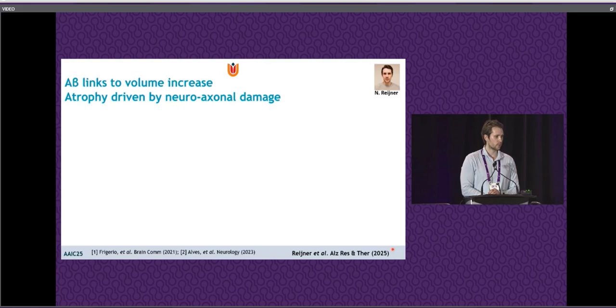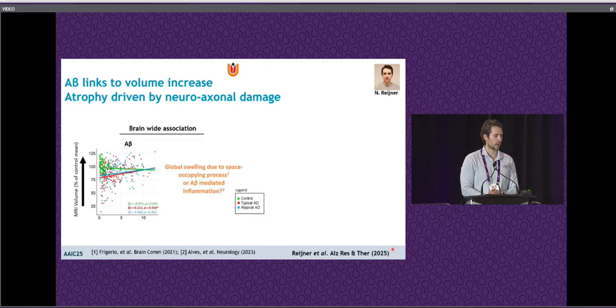First of all, my own research. We looked at the brain-wide association of cortical volume with amyloid beta quantification histologically, and we saw an increase in association. So higher amyloid beta levels meant higher cortical volumes.